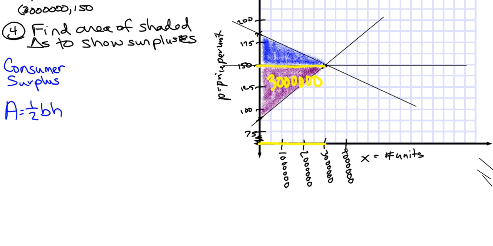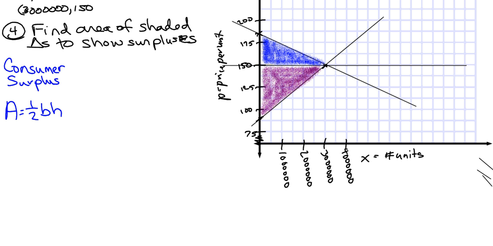And then the height is from 150. If you remember, that point of intersection was 180. So that height is 30. This is a right triangle, so the base is 3 million, the height is 30, and I'm going to get rid of all that yellow that I just wanted to think things through.